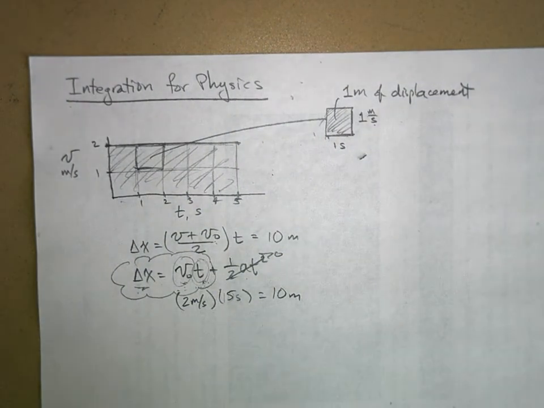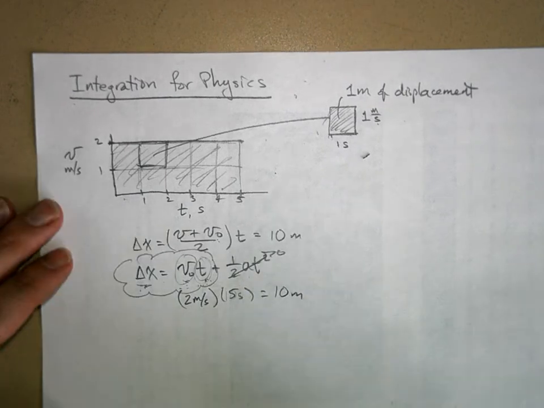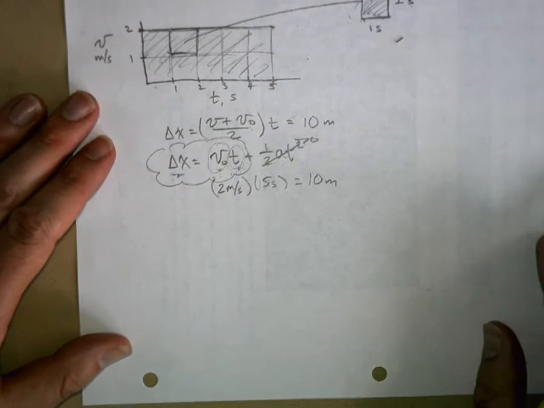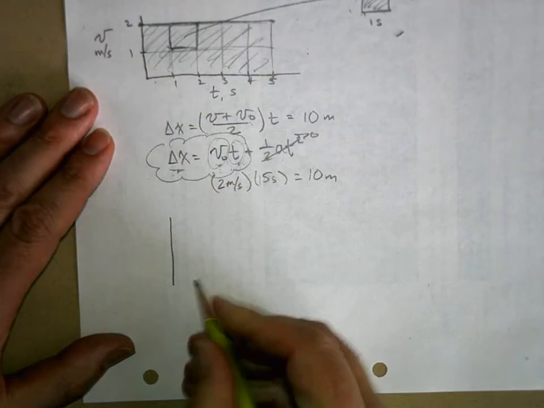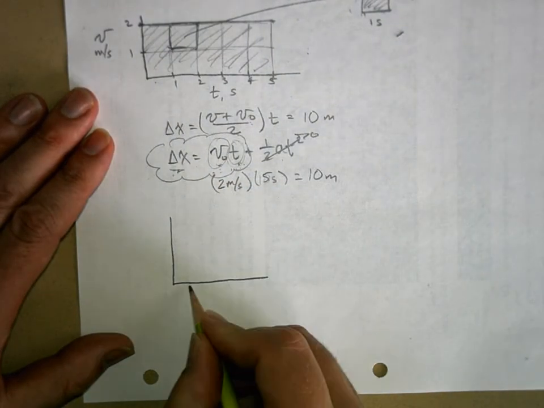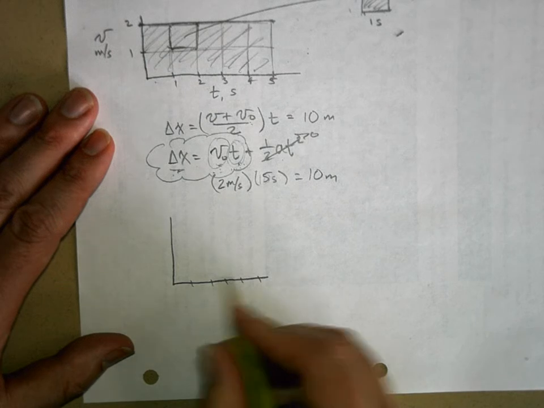Then we extended this idea to a situation where the velocity doesn't stay constant. What if I had a graph that looked something like this? 1, 2, 3, 4, 5.